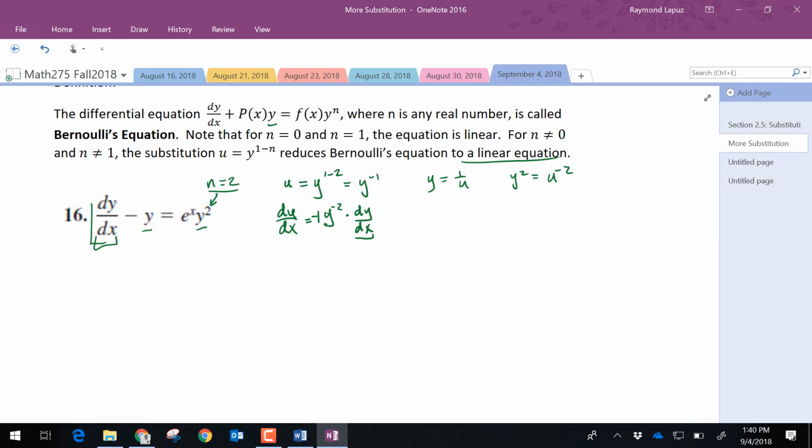This looks really messy. Let's see what happens. If we really want to be formal about it, dy dx is equal to negative y squared du dx, right? If I'm just solving for this, since I want to replace that.